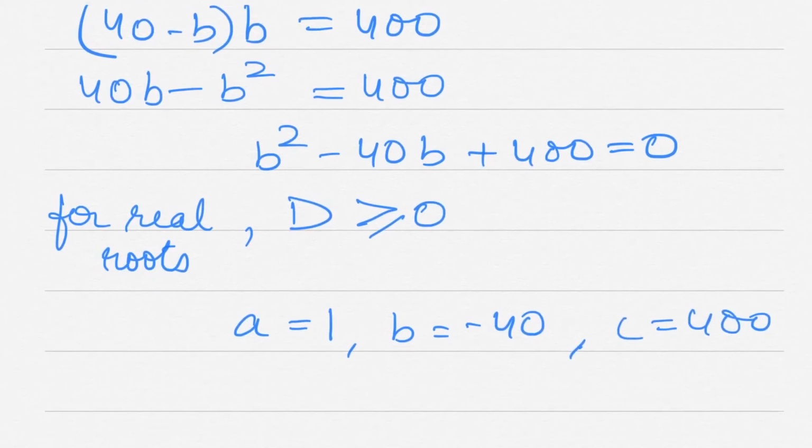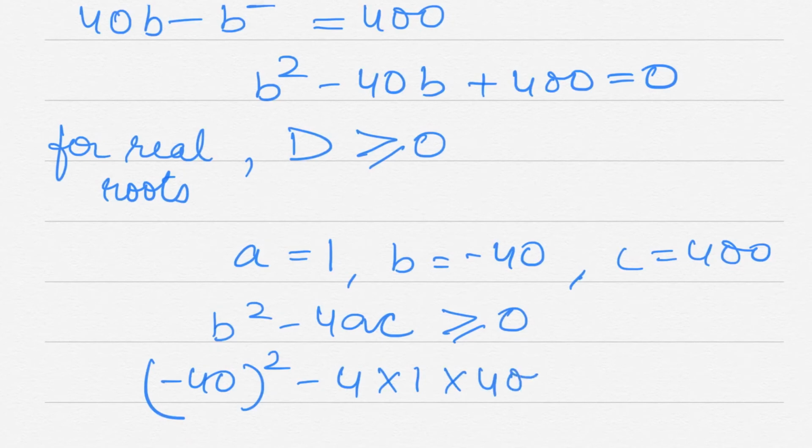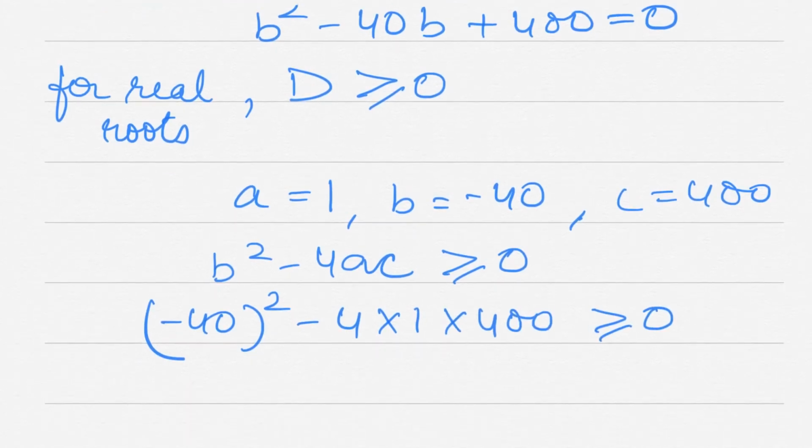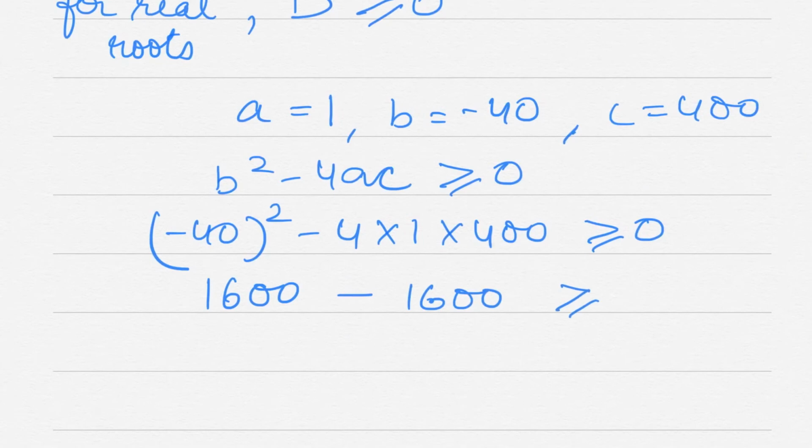So my discriminant, b square minus 4ac, should be greater than or equal to 0. So b is minus 40 whole square minus 4 into 1 into 400. This is equal to 1600 minus 1600, which is equal to 0.